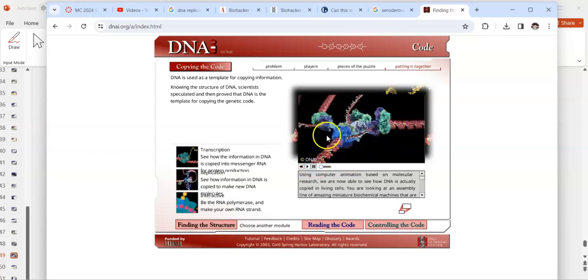This is the leading strand. This is the lagging strand. So the lagging strand is kind of looped out. I'll draw an explanation of the purpose of this looping, but this is really how it occurs inside the cell.